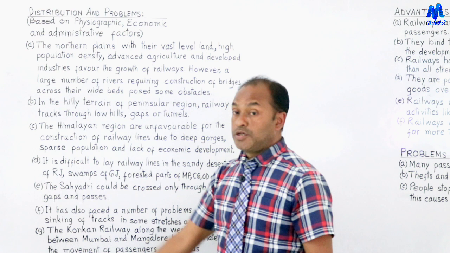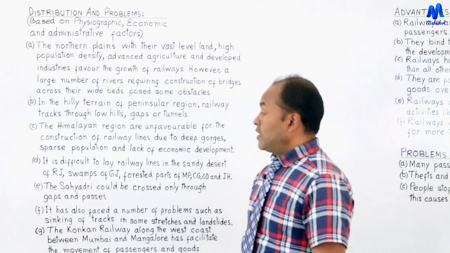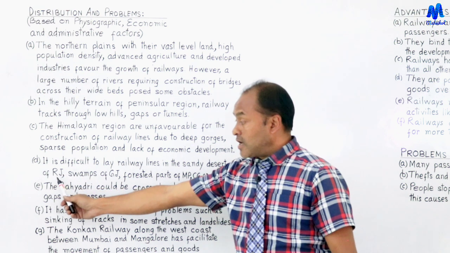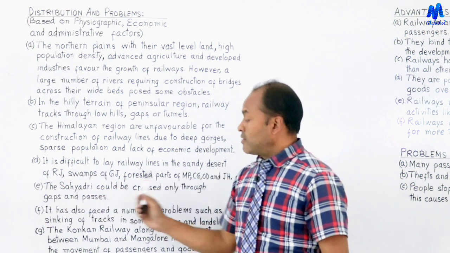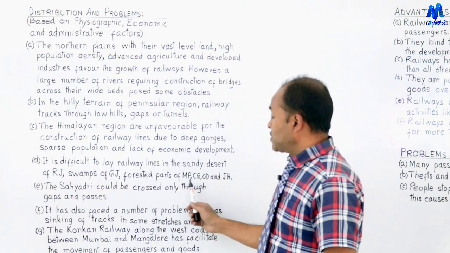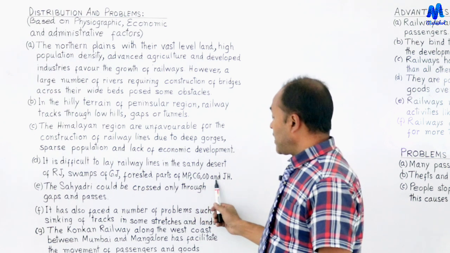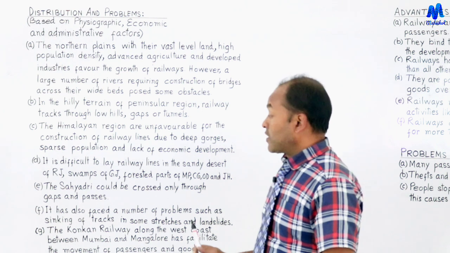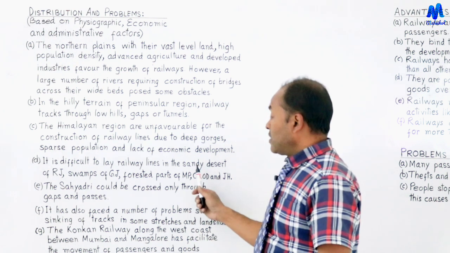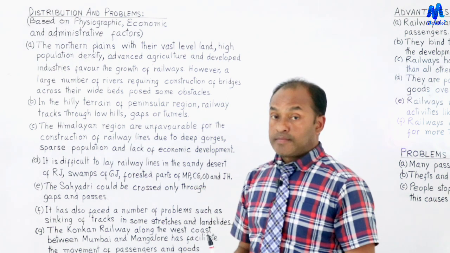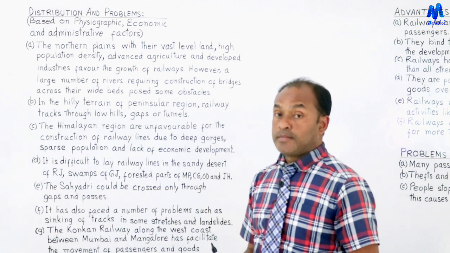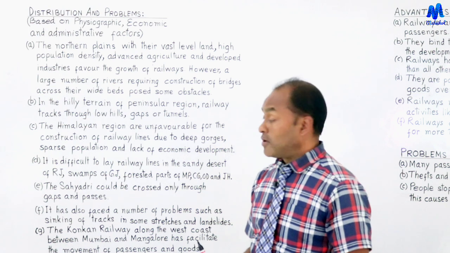In number D, it's difficult to lay railway lines in the sandy desert of Rajasthan, swamps of Gujarat, and forested parts of Madhya Pradesh, Chhattisgarh, Odisha, and Jharkhand. Let's have a look again. Sandy desert of Rajasthan: how can the railway tracks be built there? It's a major problem.